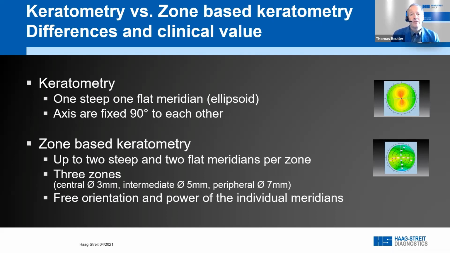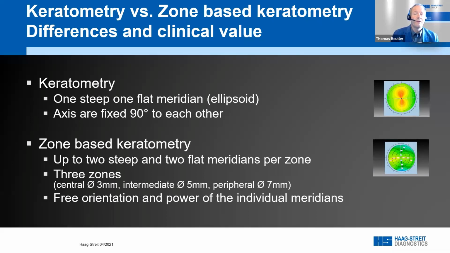In the zone-based keratometry, you have maximum 4 meridians, 2 steep, 2 flat per zone, and they are completely independent with respect to their orientation and with respect to their power. So if we have a perfect astigmatic case, the zone-based keratometry and the real keratometry will not differ at all. They might be almost equivalent.